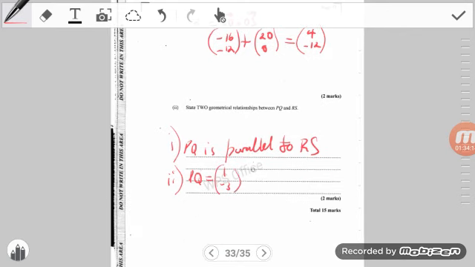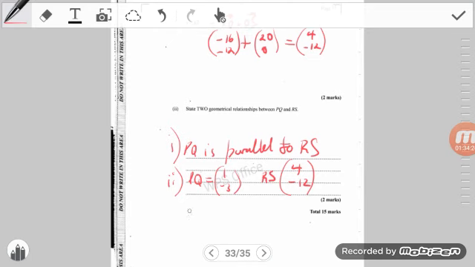So if you look at it carefully, you can see that RS is 4 times the distance of PQ, because if I multiply the x coordinate of PQ by 4, I'm going to get 4. And if I multiply the y coordinate of PQ by 4, again, I'm going to get negative 12.